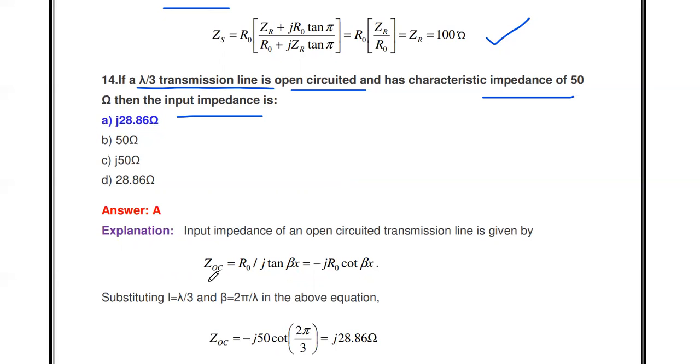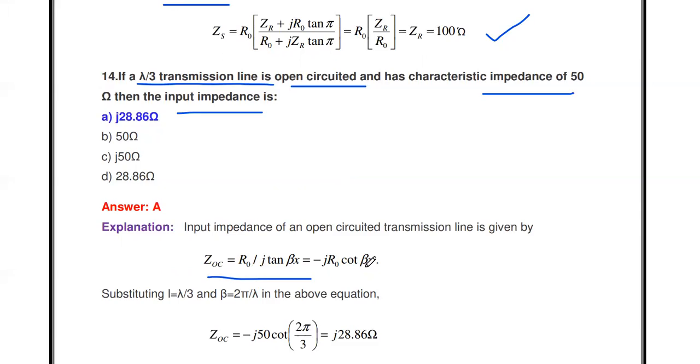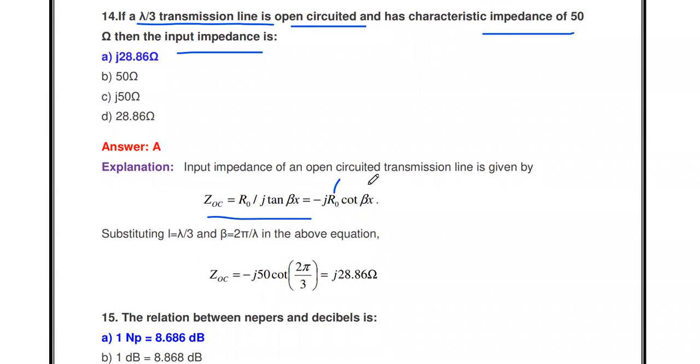The input impedance is Z_OC equal to R0 by j tan βx, or otherwise this 1 by j we can call it as minus j, then 1 by tan we can write as cot βx. In this you just substitute the value of R0 and βx value. So β is 2π by λ, x value is λ by 3. So you just substitute and find out the answer using the calculator. So we will get the answer as j into 28.86. Okay, this is the answer.